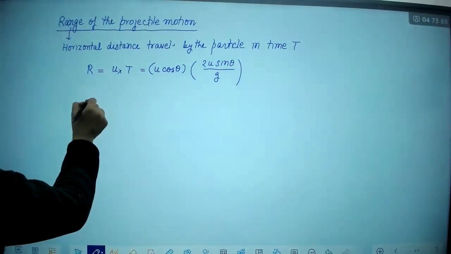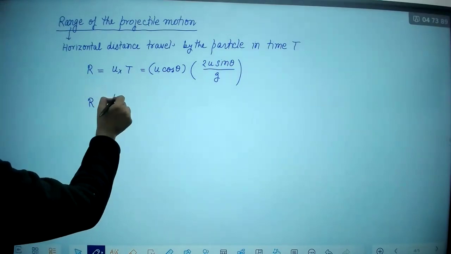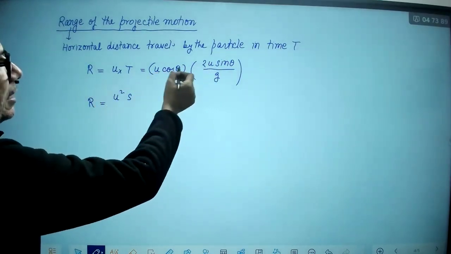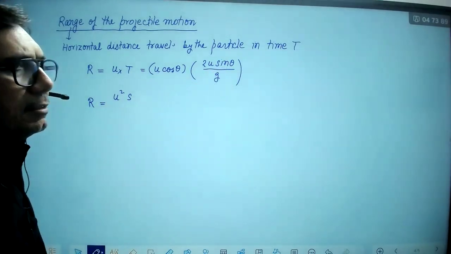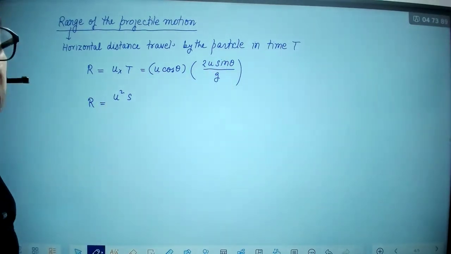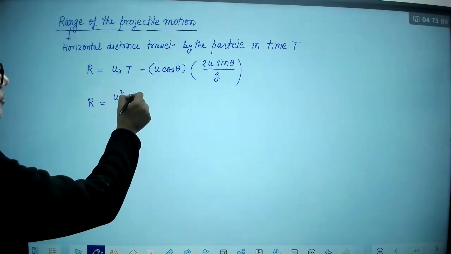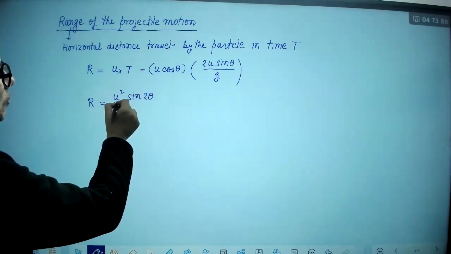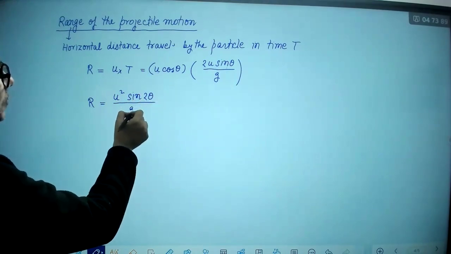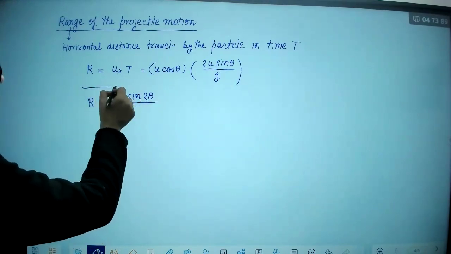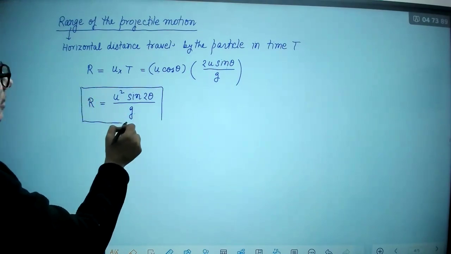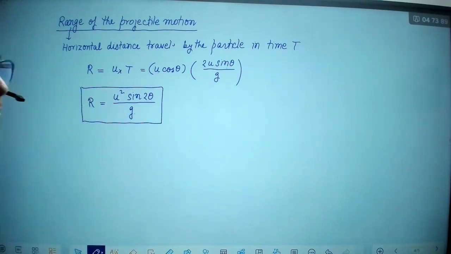So the range is u square, and this is 2 times sin theta cos theta. 2 times sin theta cos theta will be sin 2 theta. So this will be u square sin 2 theta upon g. So this is the formula of the range.